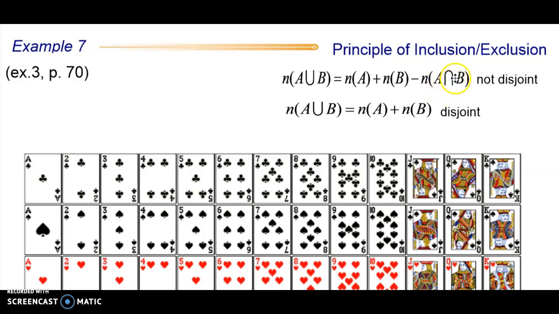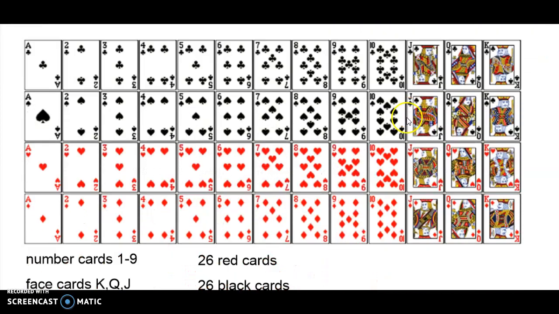When there is an intersection, we say that they are not disjoint. We also had that the number in the union of 2 sets was the number in A plus the number in B if they were disjoint sets, meaning there was no overlap between the 2 sets. So let's continue.